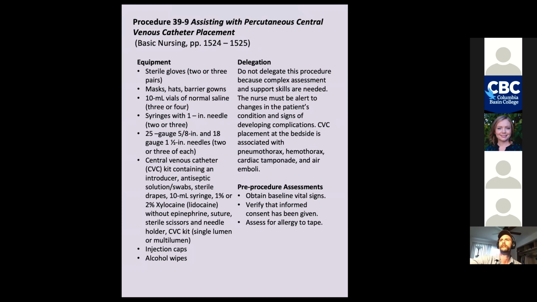I won't read through all those, but the good thing is that there's actually a checklist for this procedure that your facility should have. So you can print that checklist off and make sure that you follow it. And I actually have a copy of it later in the presentation that I pulled from where I work. So you have your equipment list, and then of course delegation.